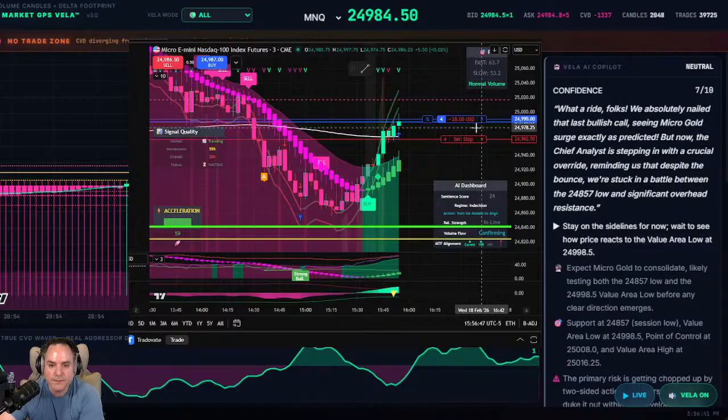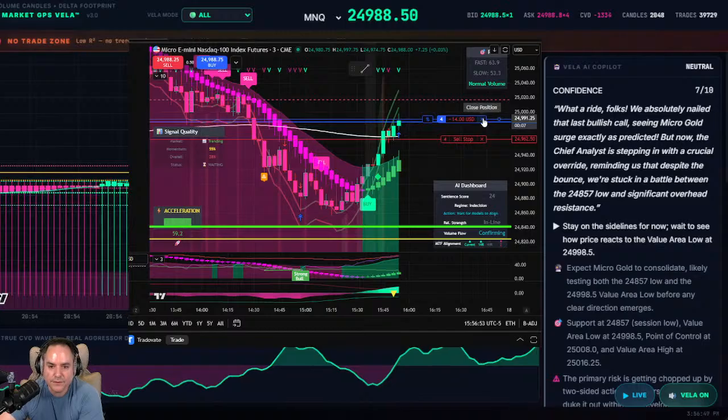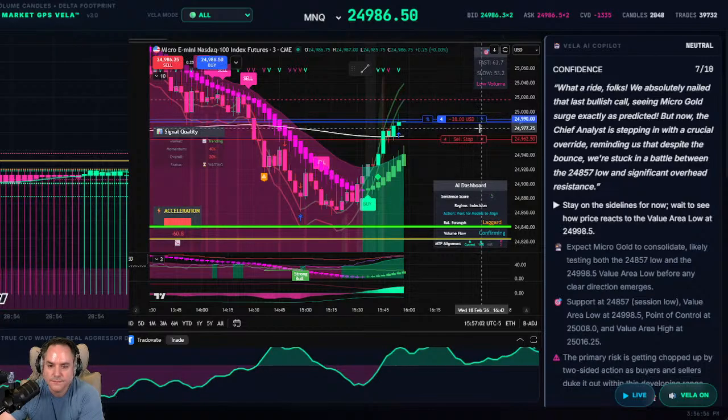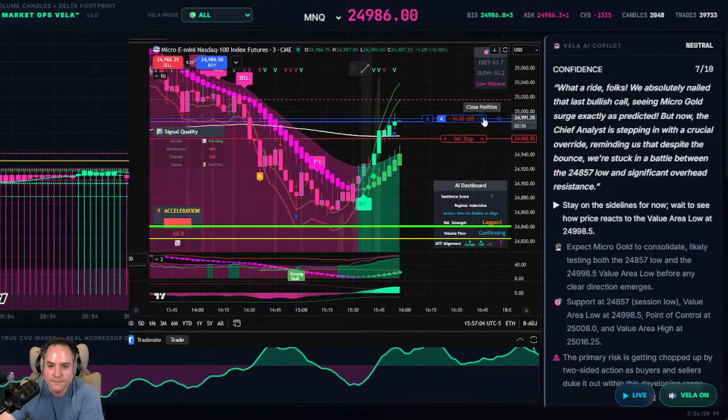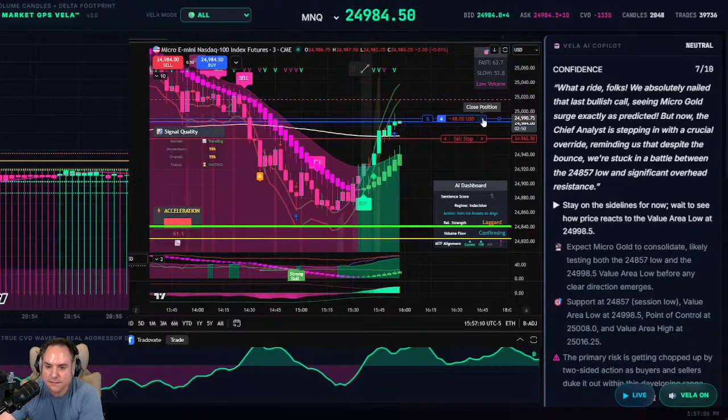Really want to see this push up here for this to pan out. I've got my finger on the trigger here. We're still in positive delta. Like to see more buyers step in here.